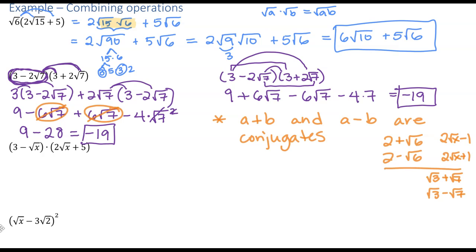And one of the things that makes conjugates so powerful is, we'll just say note, a plus b times a minus b. This is related back to our difference of squares. When you multiply it out, you'll get a squared minus ab plus ab minus b squared, which is a squared minus b squared.